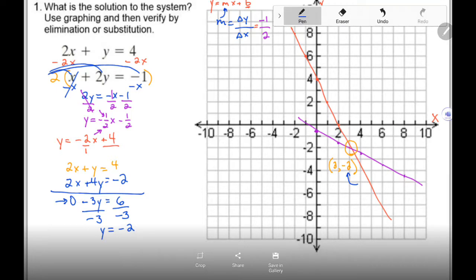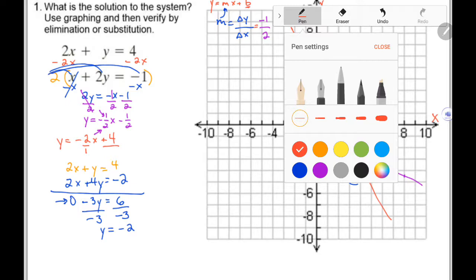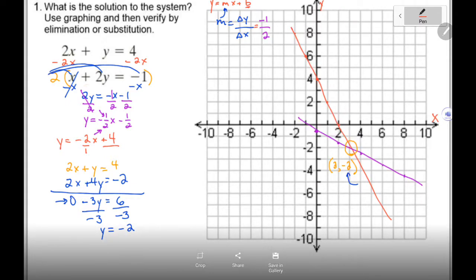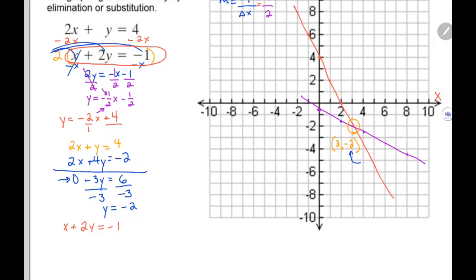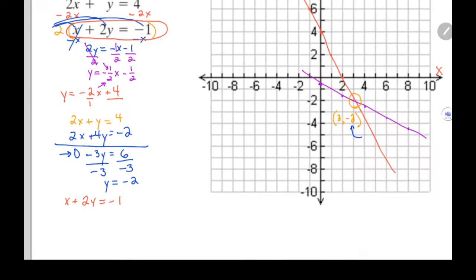And let's see, let me use red, and I'm going to use this equation without having changed it at all here. I'm going to say x plus 2y is equal to negative 1. Go back up to that equation. I could have picked either one, but I picked that one.